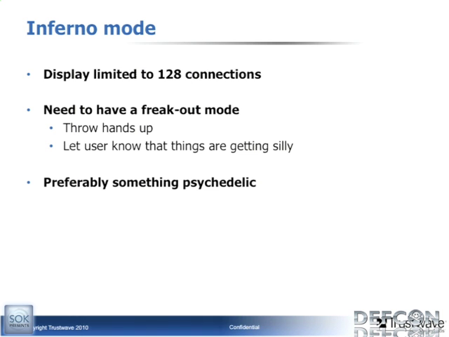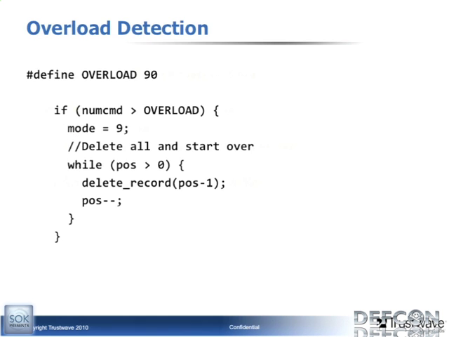I want that concept. So I made something called Inferno Mode. Inferno Mode is this meter that basically keeps track of how many connections are coming in, and I was thinking preferably something kind of psychedelic, so that at least if you're getting totally owned, you could be like, whoa, cool, look, man, my blinkie lights are messed up.